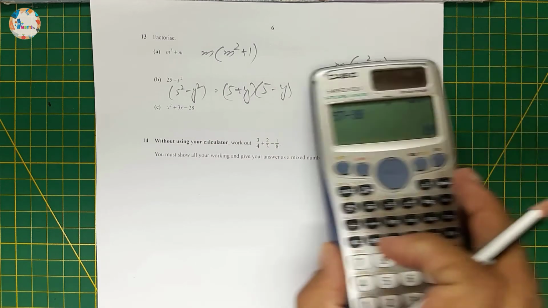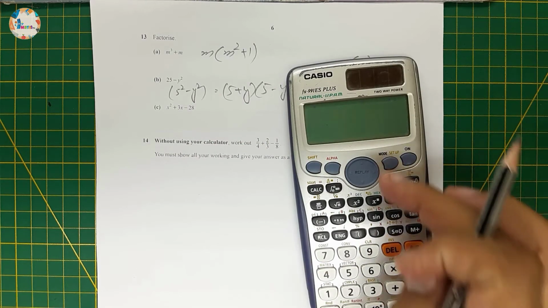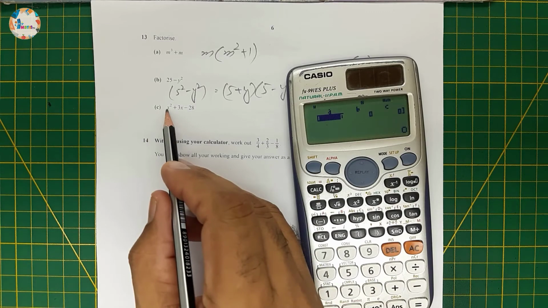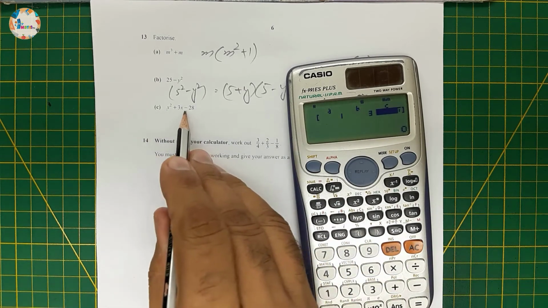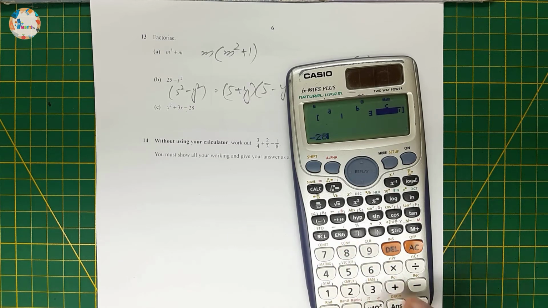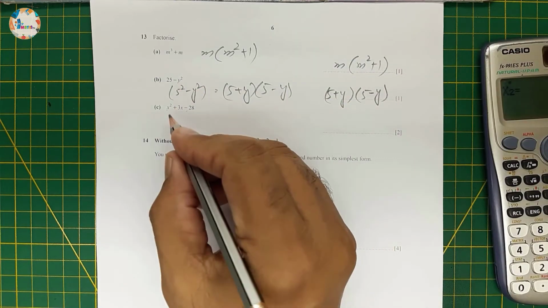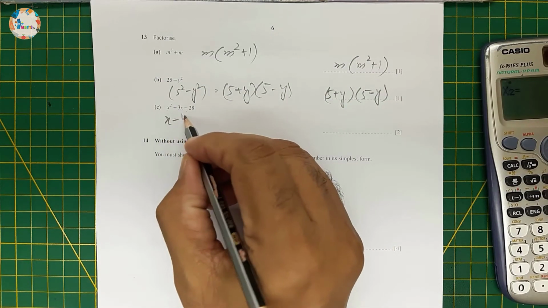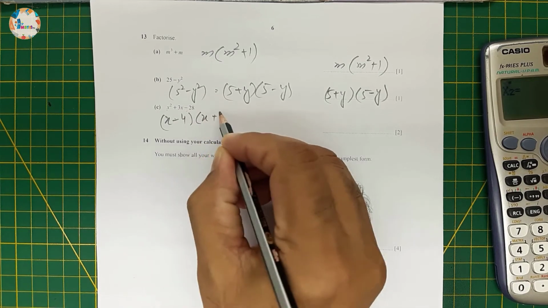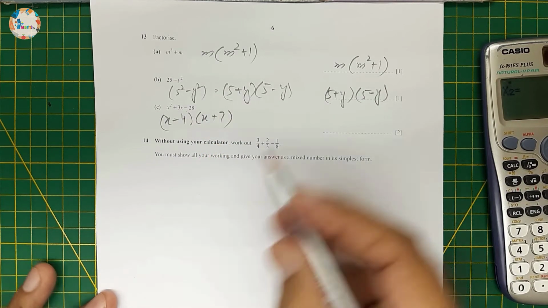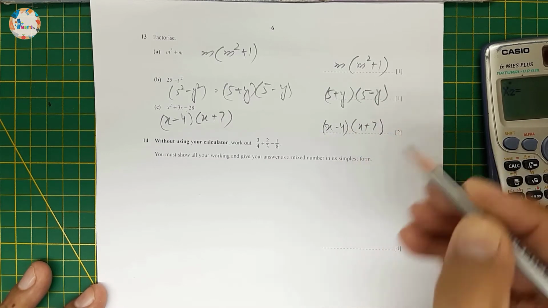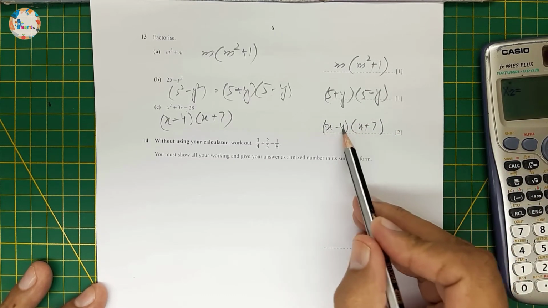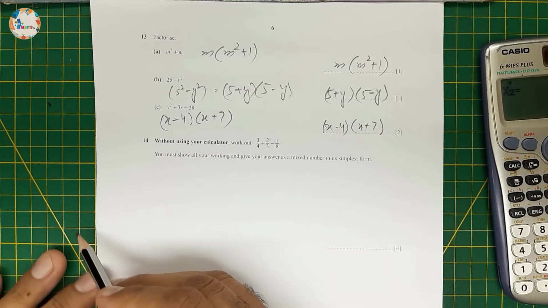Now this one, factorization of this, we can use the calculator. Mode 5 3, and the coefficient of x square is 1, the coefficient of x is 3, and the constant is minus 28. So after typing this, 4 and minus 7, so x minus 4 and x plus 7 will be our answer. So this will be x square minus 4x plus 7x and minus 28.